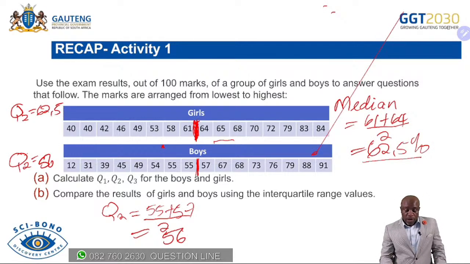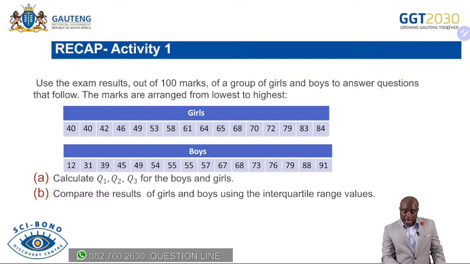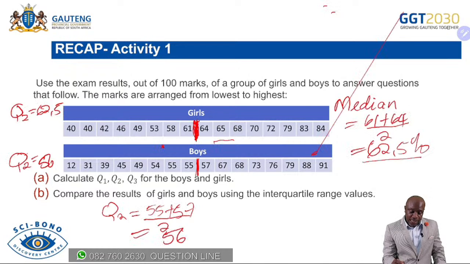Now we go into the first half and look for the median of the first half. In other words, we're looking for half of this half. We have 8 numbers here, so the middle is between the 4th and the 5th.